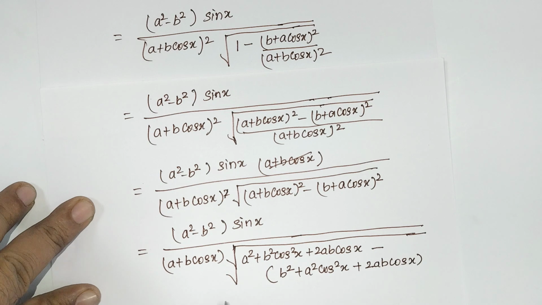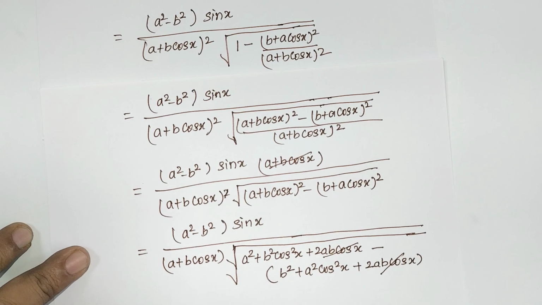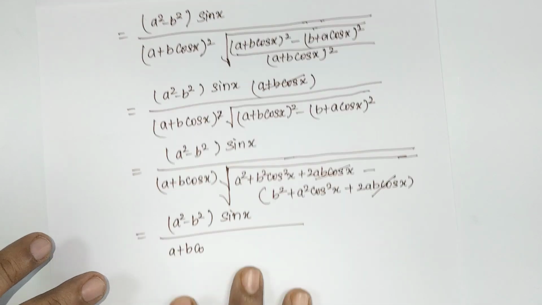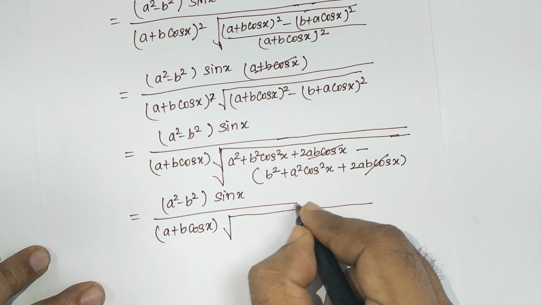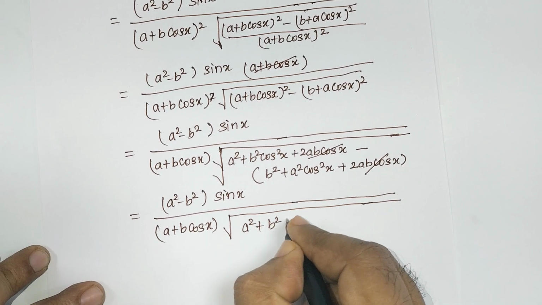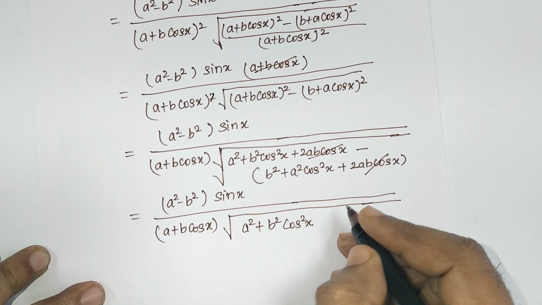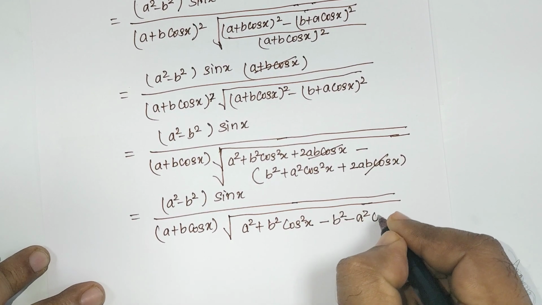From this I will cancel plus 2ab and minus 2ab. So remaining I will write (a square minus b square) into sin x divided by (a plus b cos x) into square root of, you will have the term a square plus b square cos square x minus b square minus a square cos square x.